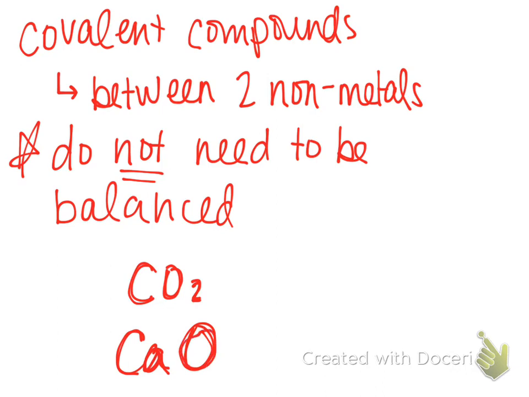Which of those is the ionic molecule, the first or the second? The second. This is an ionic molecule. Why is it considered ionic? Balance? Well, not necessarily, but maybe. What does it contain? A metal and a nonmetal. Where's calcium located? Left side of the periodic table.